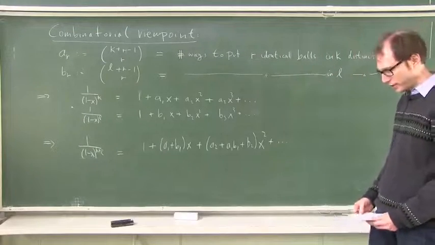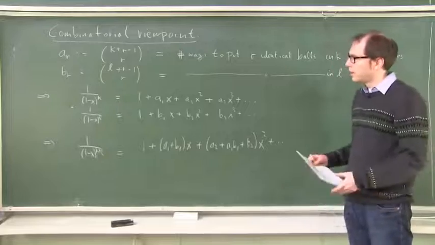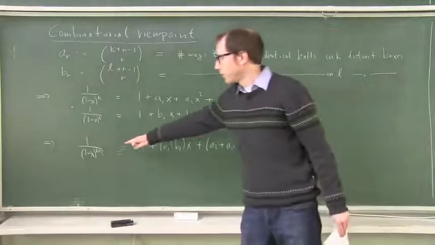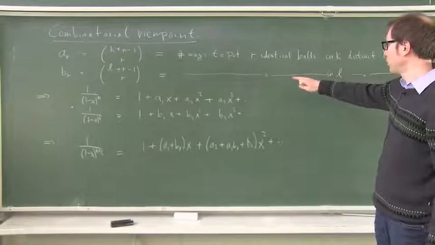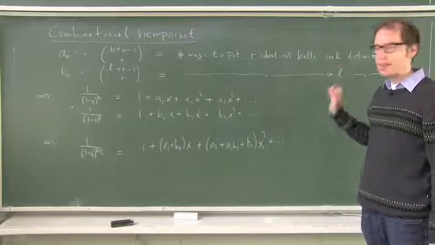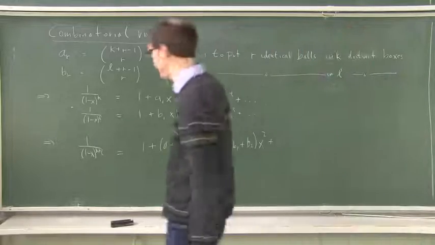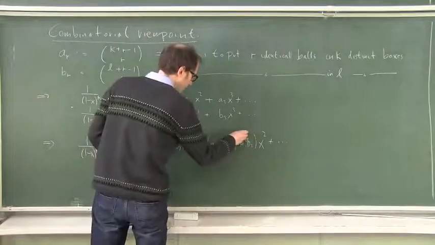So let's just for a second think about what we're doing here. This is the generating function for the following problem: the number of ways to put r identical balls in k plus l distinct boxes.